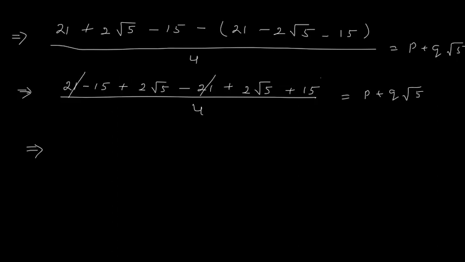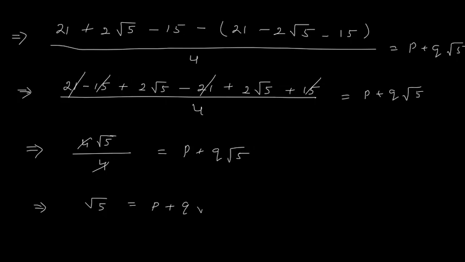Here 15 is plus, 15 is minus to cancel. Here 2 root 5 plus 2 root 5, so it will become 4 root 5 and whole divided by 4, and this is equals to p plus q root 5. Now this 4 and 4 will cancel, so this implies root 5 is equals to p plus q root 5.